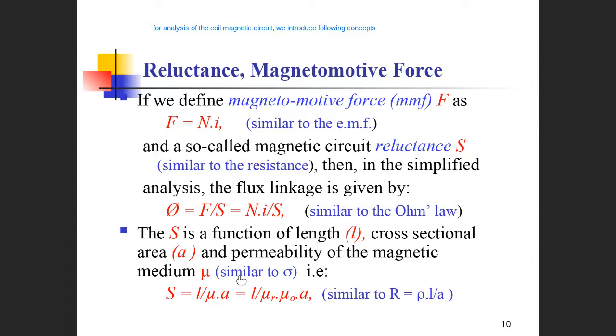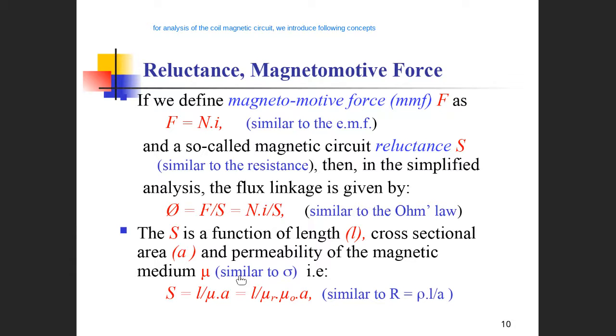The coils can be made on different materials: in air, on plastic, on steel cast materials, on copper materials, on whatever materials. So each material has its own properties.